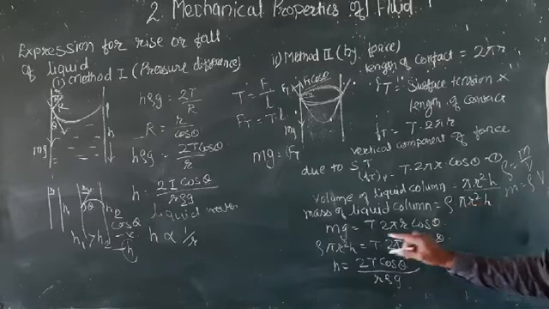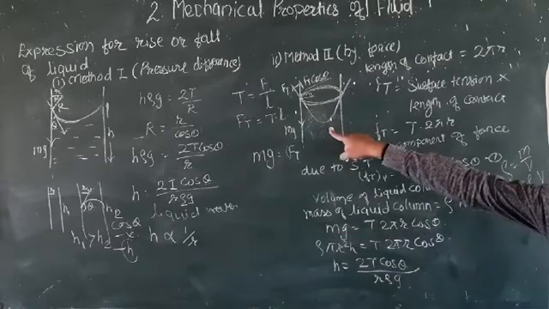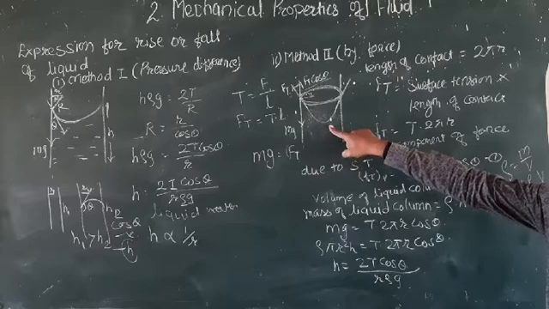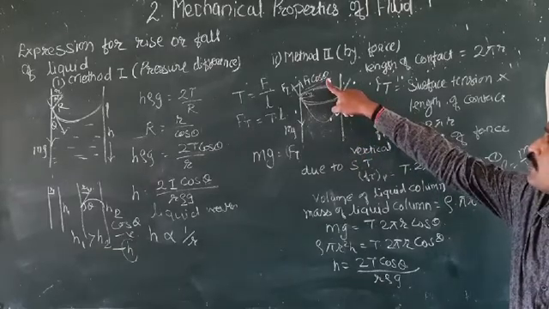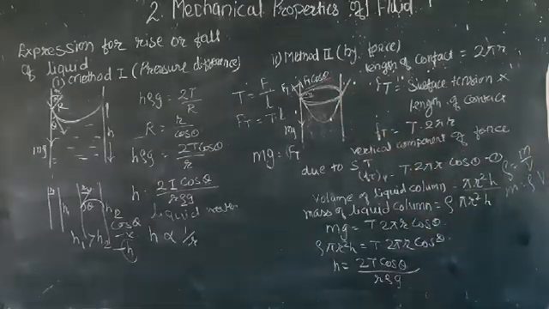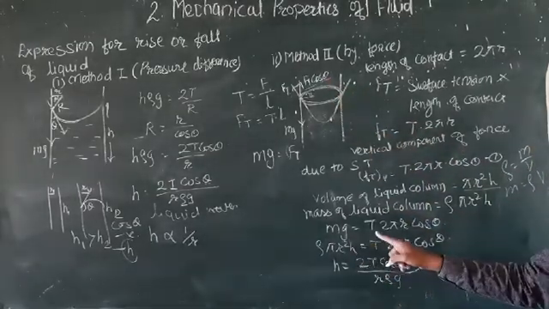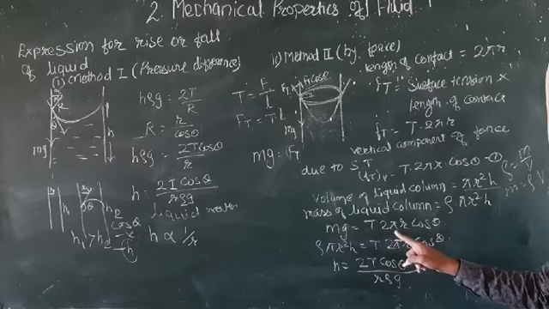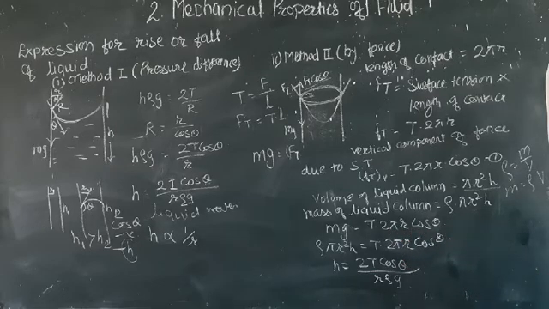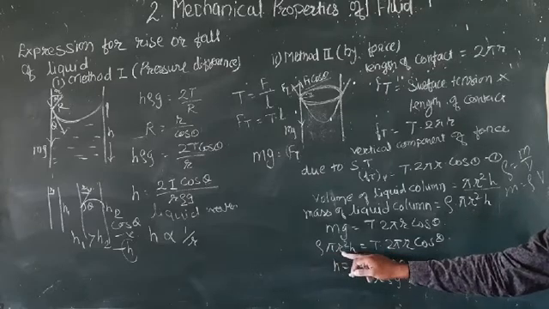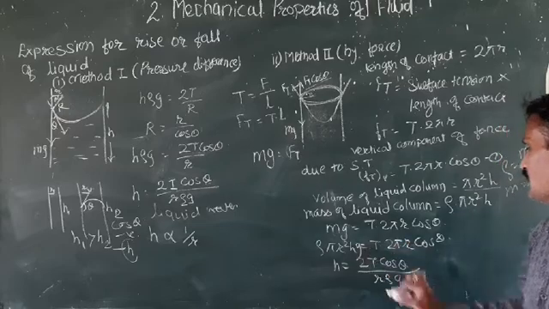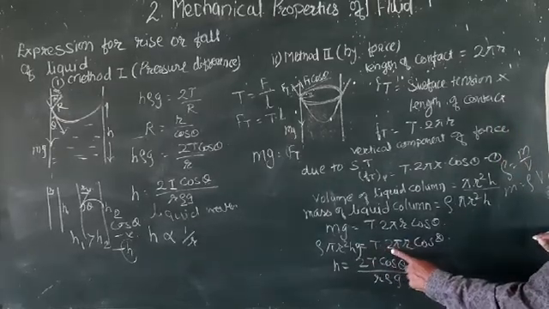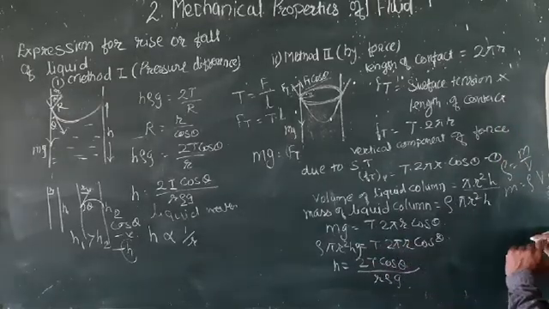So mass of the liquid is equal to rho into pi r square h. We have seen that the weight of the liquid column in the capillary tube is balanced by the vertical component of the force due to the surface tension. So mg is equal to T into 2 pi r cos theta. The value of m is rho pi r square h, so rho pi r square h into g is equal to T into 2 pi r cos theta.